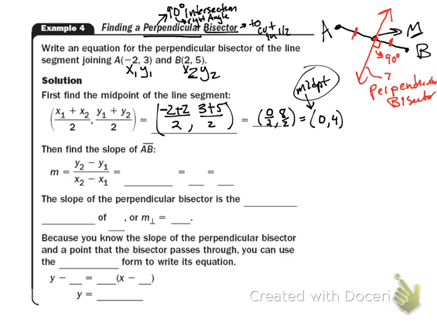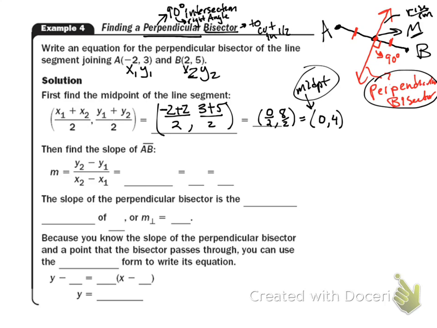Now, the other thing I'm going to try to do is calculate what the slope of this perpendicular bisector line is going to be. Remember, to find exactly the slope of it, we need to know the rise and the run. And you may have forgotten, but there's a relationship between the slopes of perpendicular lines.